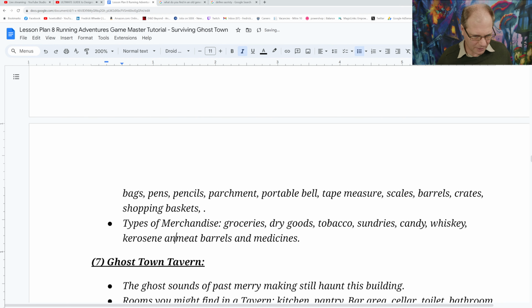Dried meat, it would be dried meat, wouldn't it? Or would be, what's it called? Haberdashery? Yes. I can't remember. I'll just put dried meat. Let's get rid of that.